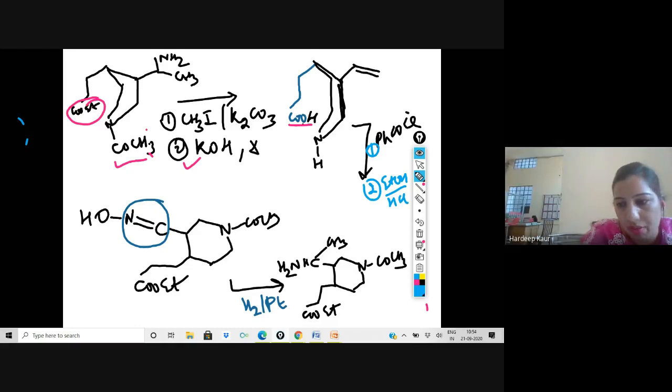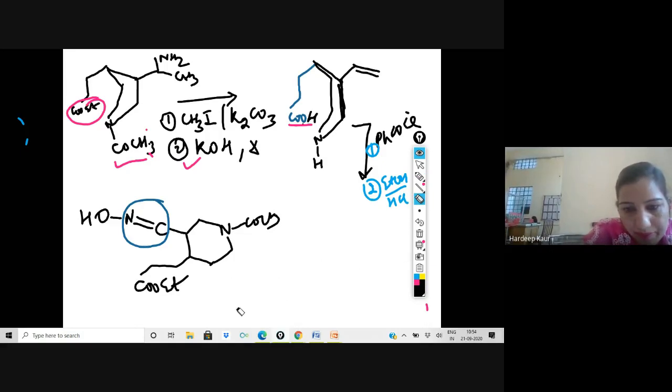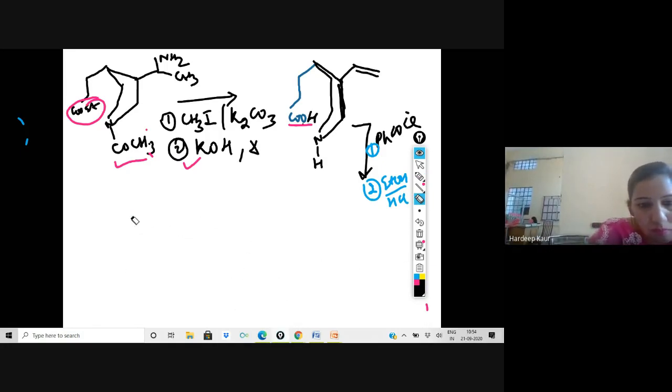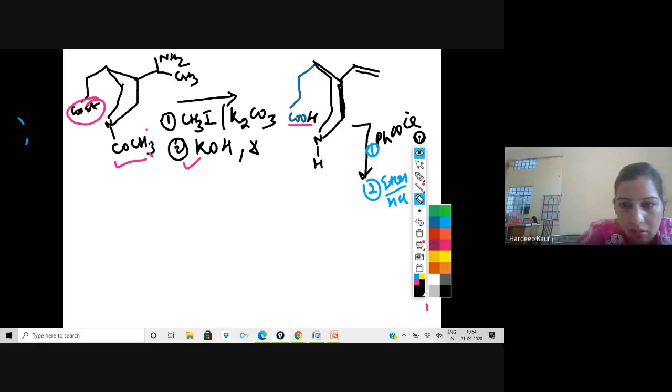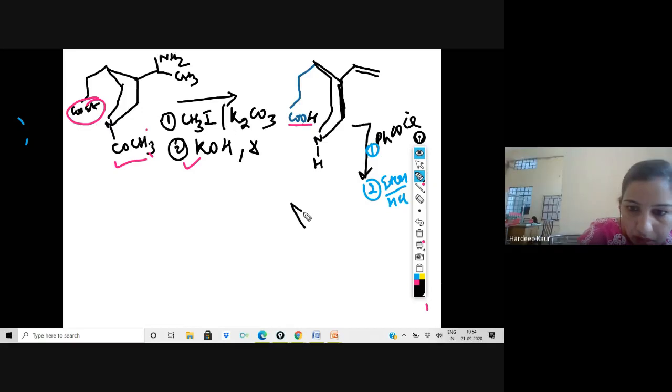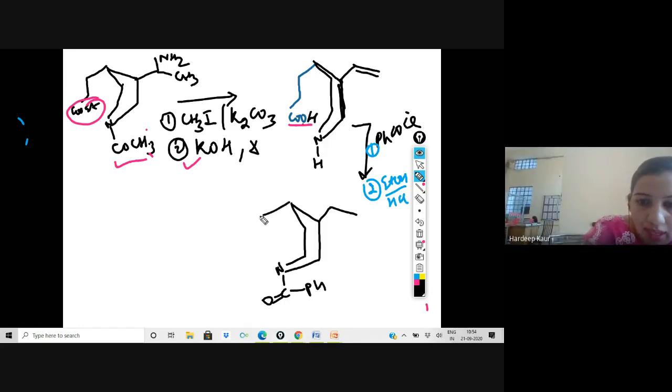So once we get this product, let me clean this. So this is formed. So here we have now benzoyl group, and this acid is converted to ester.